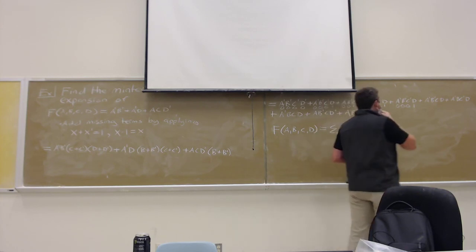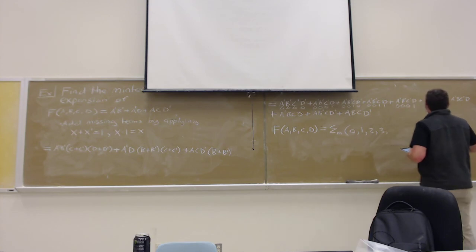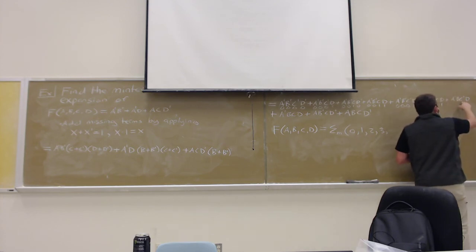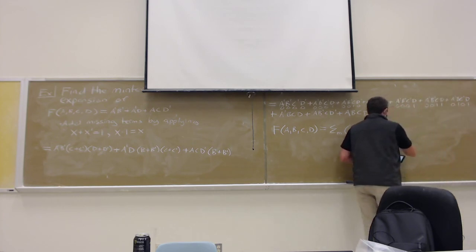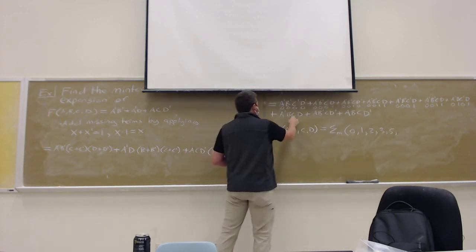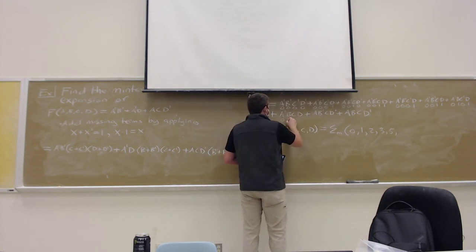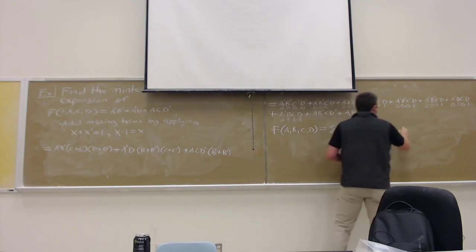Okay, next up, A prime, B prime, C, D is going to give us 0, 0, 1, 1, or 3, which we already have. Next one, A prime, B, C prime, D is going to give us 0, 1, 0, 1, which is 5. Then A prime, B, C, D is going to be 0, 1, 1, 1, which is 7.